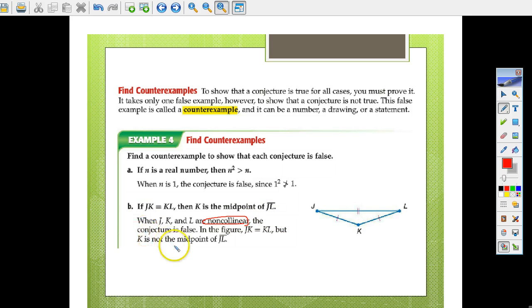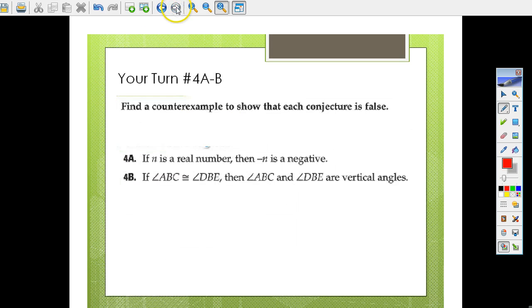If you have JK and KL on the same line and these two lengths are equal, then yes, K is the midpoint. But if they're not collinear, if they're not on the same line and K is over here, then this is not true. So here's an example when K is not collinear that would make this false.